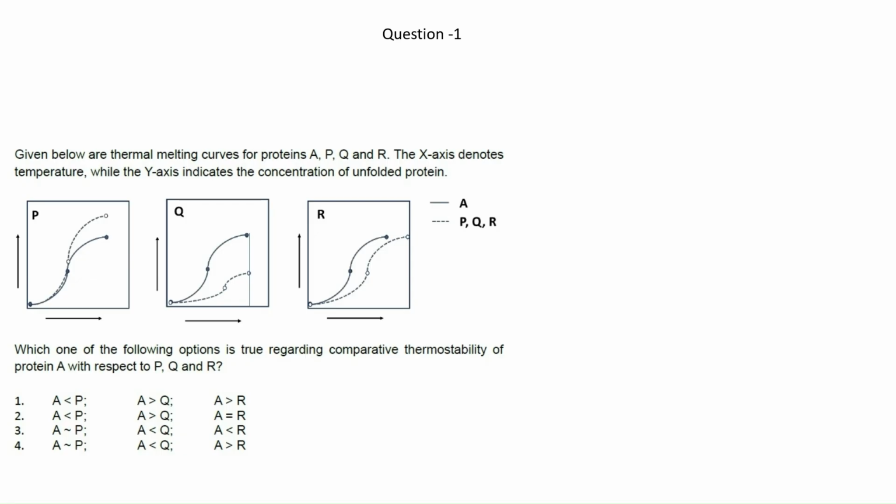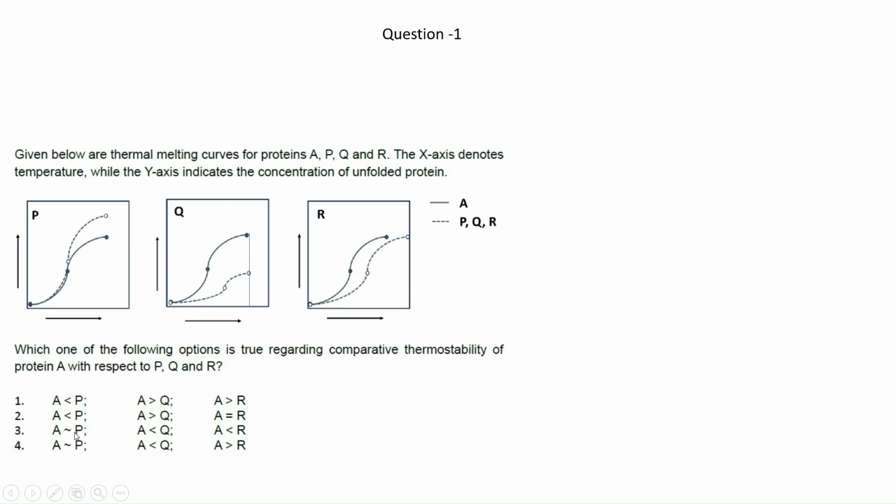We can see here that at the same temperature, the level of unfolded Q protein is much lower than that of unfolded A protein, which means that A is less stable than Q. So this narrows down our options to option 3 and 4.